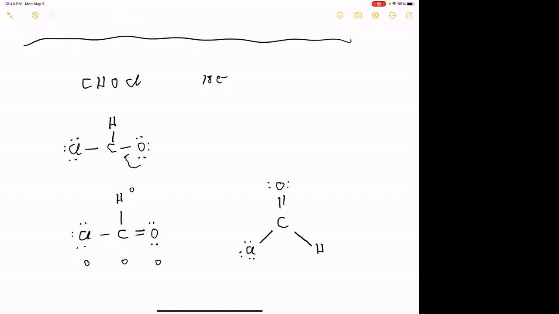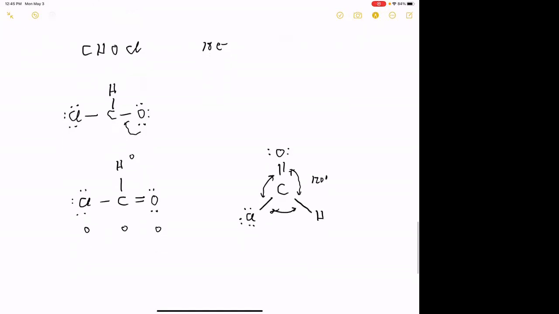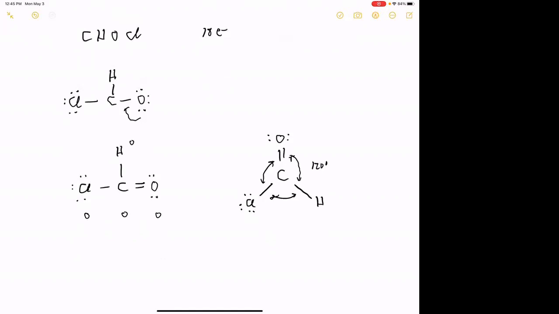All right, so what's that geometry look like? It says determine the ideal bonding angles. Well, let's do the ideal bonding angles since that's what it's asking for. So what do those bond angles look like? Looks like 120 degrees all the way around. If I wanted to define a geometry for this, it would just be a plain old trigonal planar.